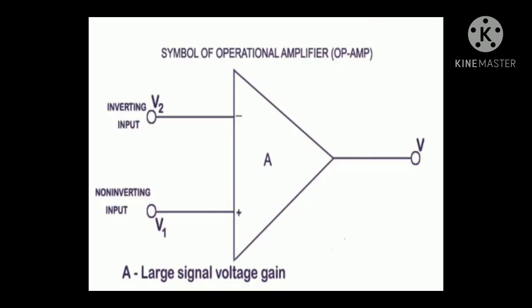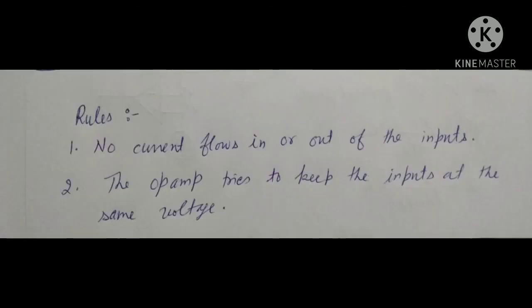So that's enough for today's lecture, and before leaving, let me remind you the two golden rules that I have stressed so much. The first rule is that no current flows in or out of the inputs, and the second rule is the op amp tries to keep the inputs at the same voltage always.